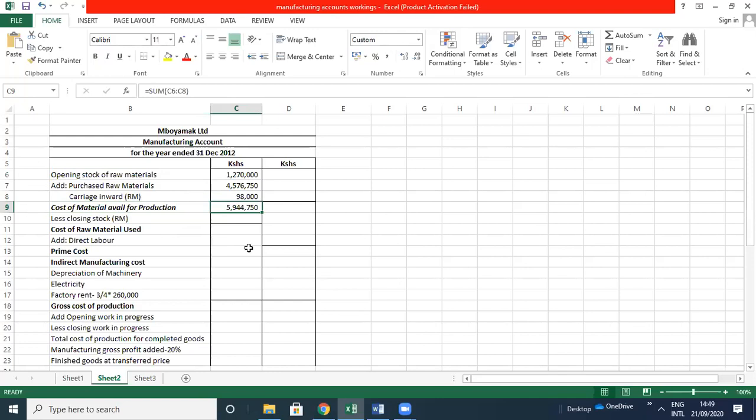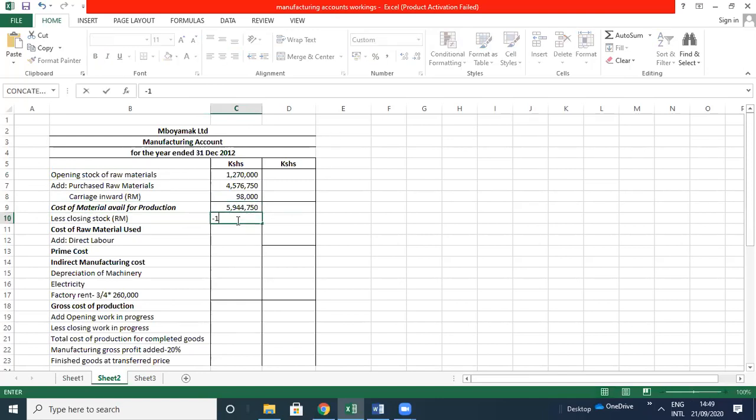Do we have closing stock of raw materials? Someone to give us the figure, closing stock of raw materials. We have closing stock of raw materials, 1445.